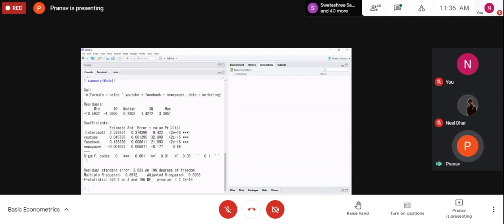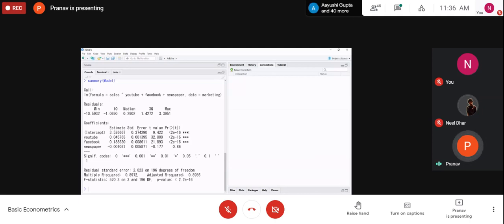I get what you're saying, but I'm really sorry, that's not the answer. And this is a very, very, very wrong way of representing the results. You're right that these 3-star signs, the significance codes, are given here.